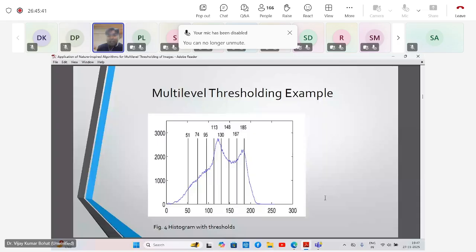Like 0 to 51 is one class, then 52 to 74 is one class, 74 and above is another class, and so on. When I give a single pixel value to each class, the resultant image will have only 9 colors. Most probably, the region of interest will be very clear in the resultant picture after segmentation or multi-level thresholding of images.